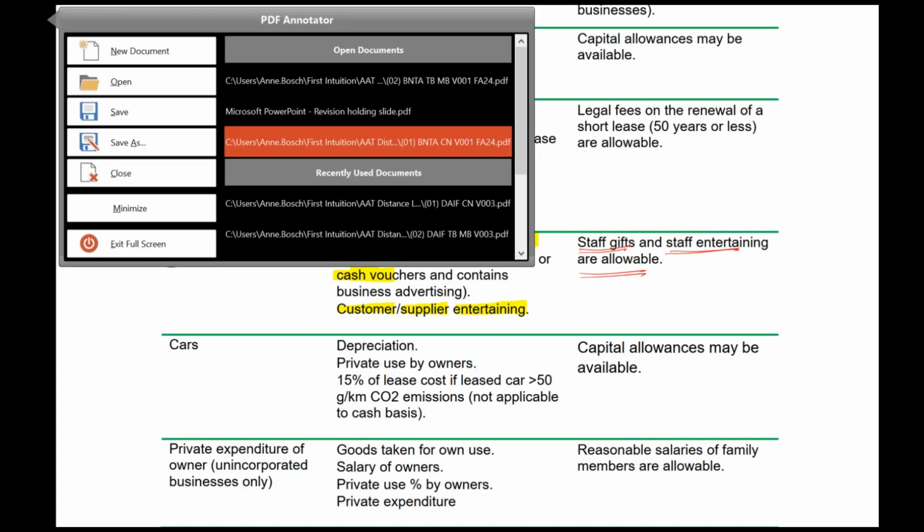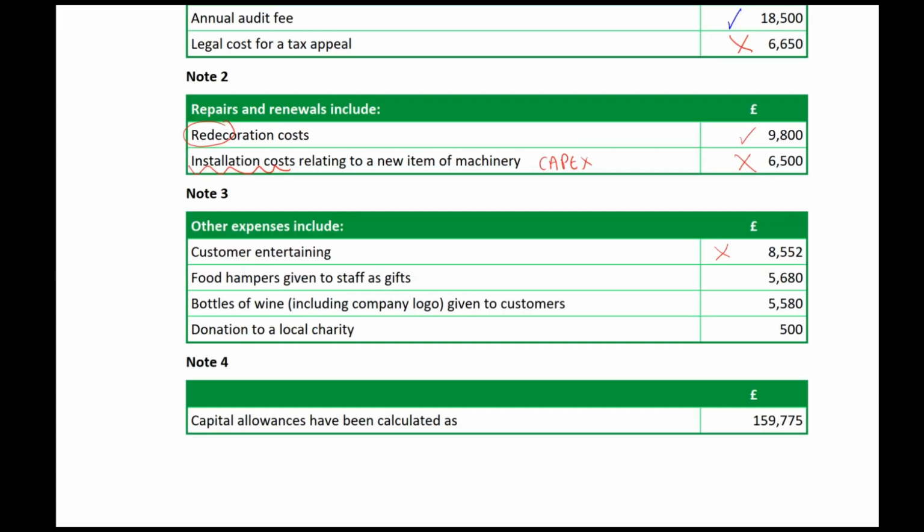We're looking at staff gifts. So there we go. No problems with that one. Nothing to disallow. It is for staff. And that little recap there serves as well then to deal with the next part, where we give bottles of wine which have the company logo on to our customers.